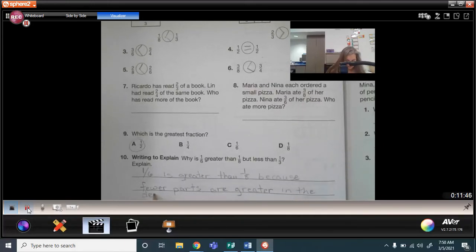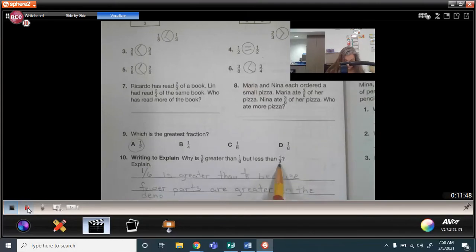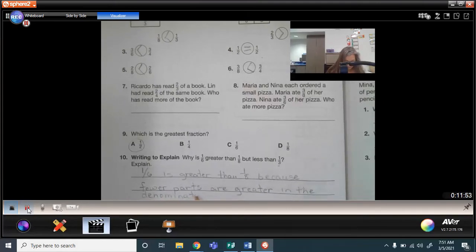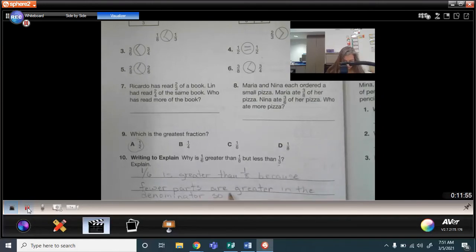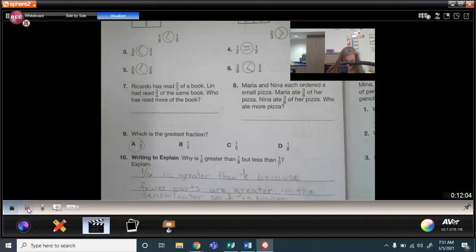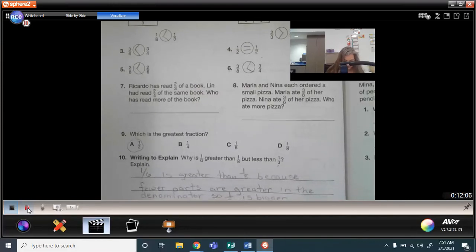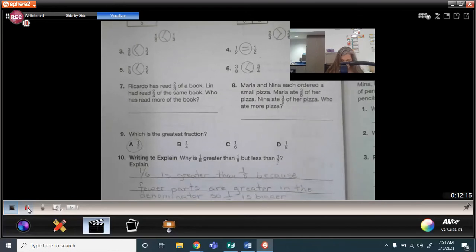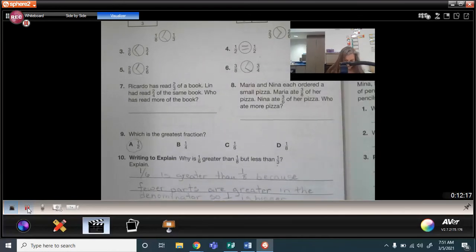So fewer parts means that 1/3 is going to be larger. So 1/3 is bigger or greater than 1/6, and 1/6 is greater than 1/8.